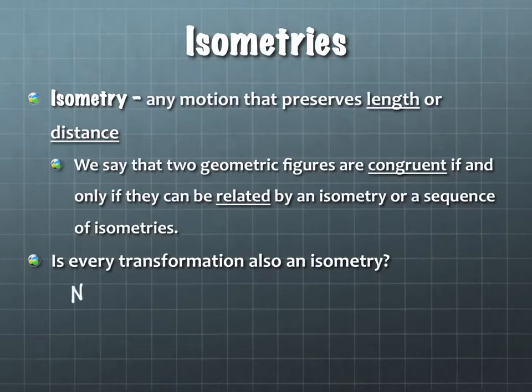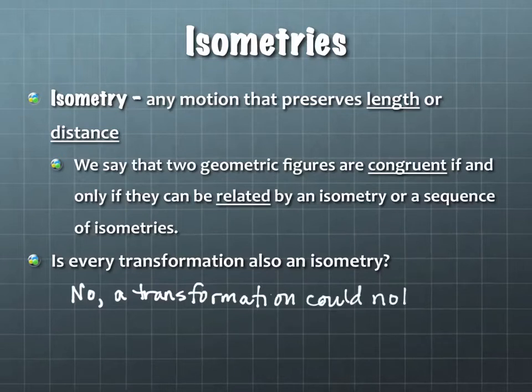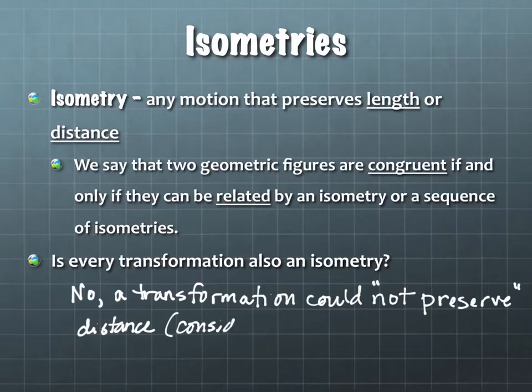So the answer is no. A transformation could not preserve distance, and you can consider our shapes that are similar shapes, right?